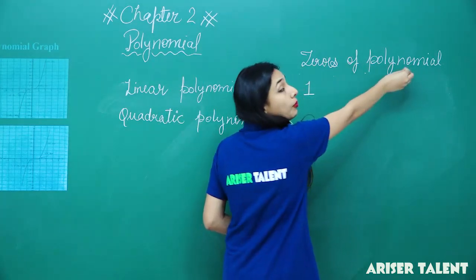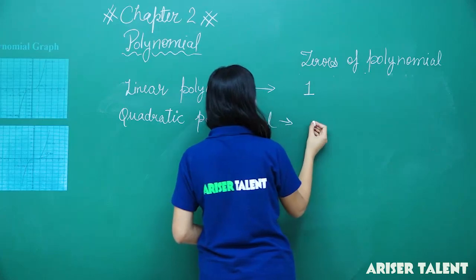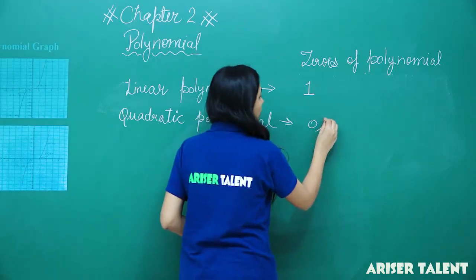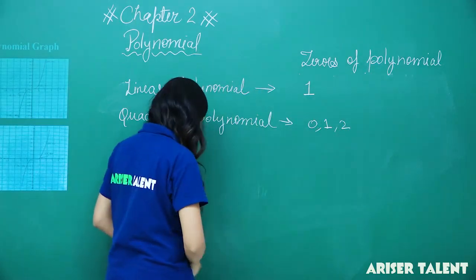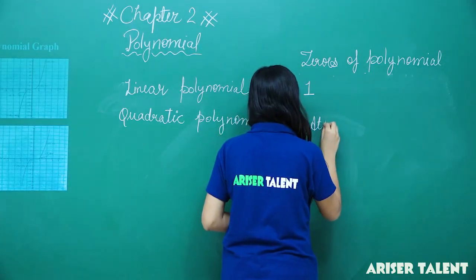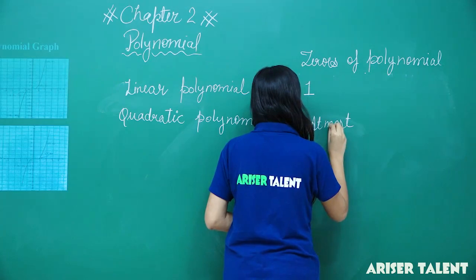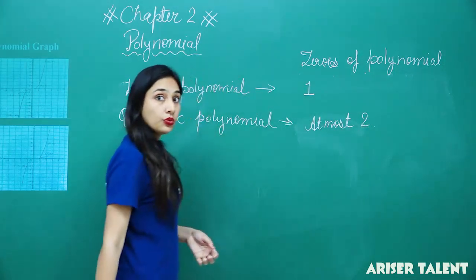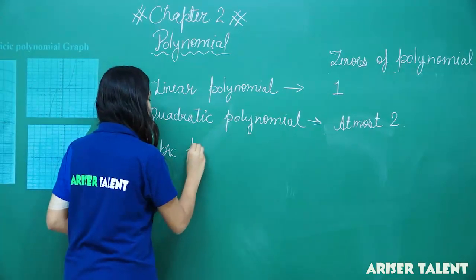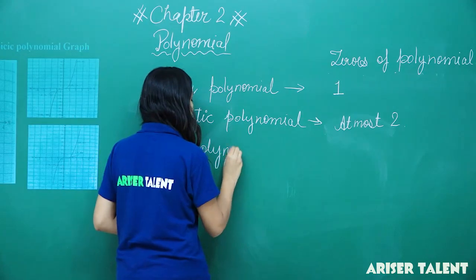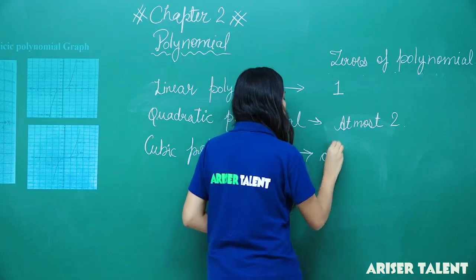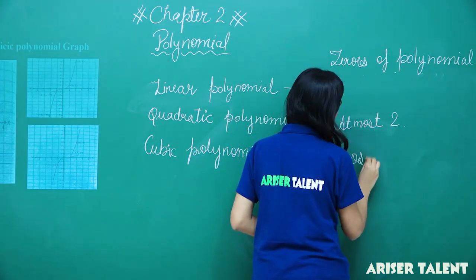zeros of polynomial may be either 0, okay, 1 or 2. So we can write it at most 2. And for a cubic polynomial, it can be at most, say what?